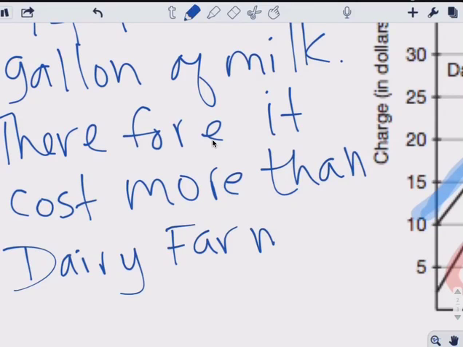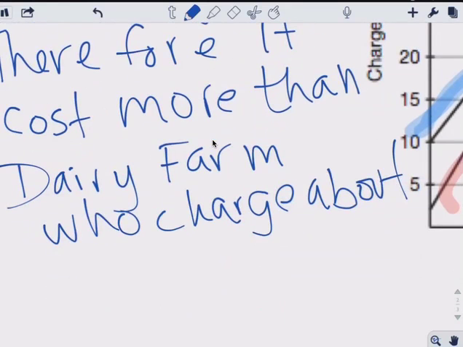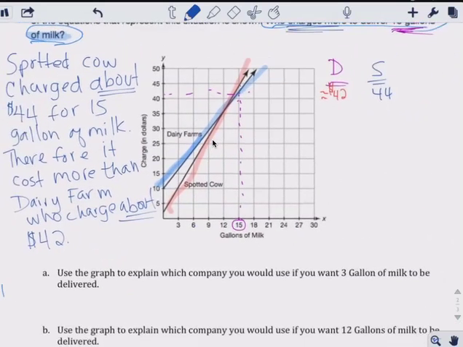Not abbreviated, not DF. Dairy Farm, who charge about $42. Period. You need to explain yourself.